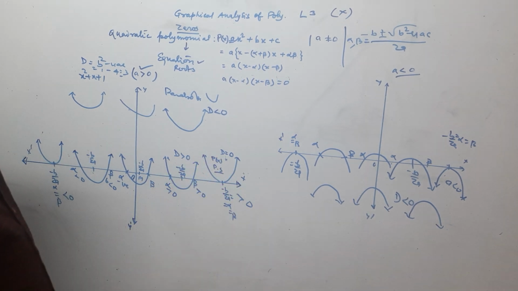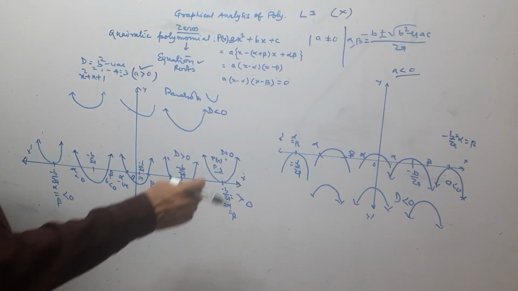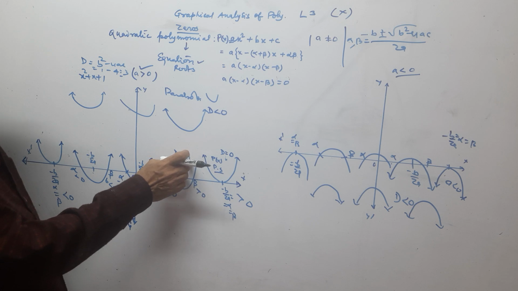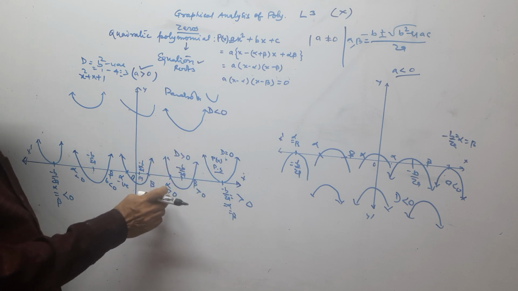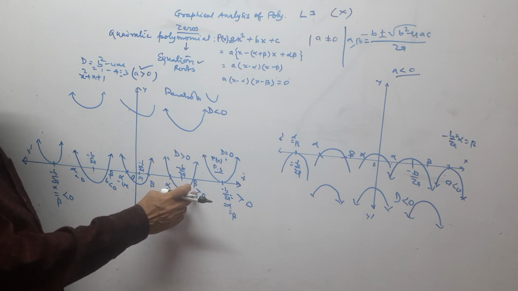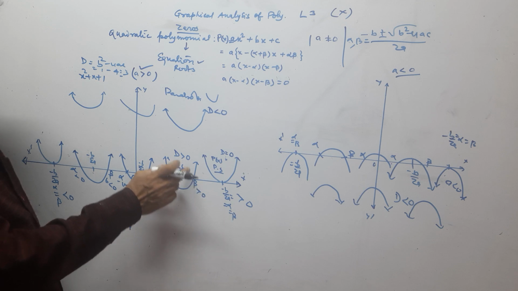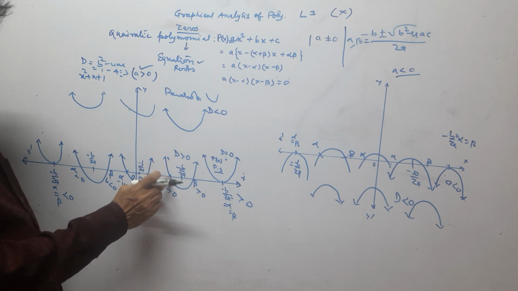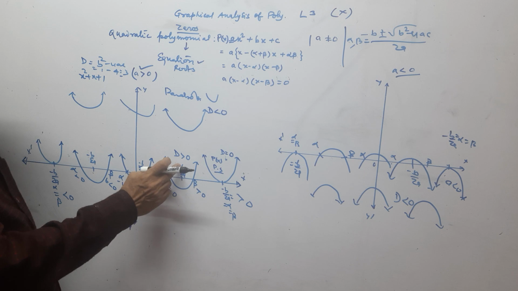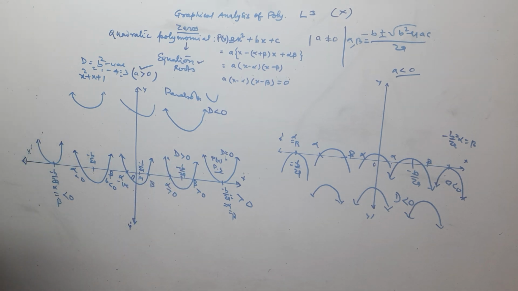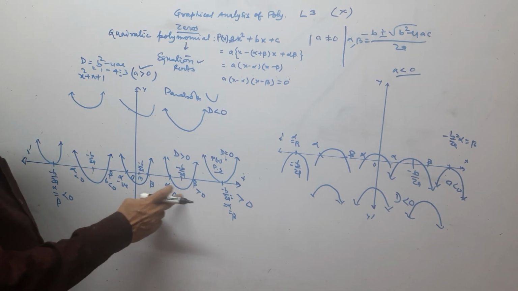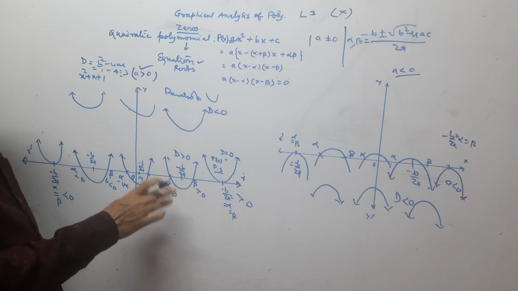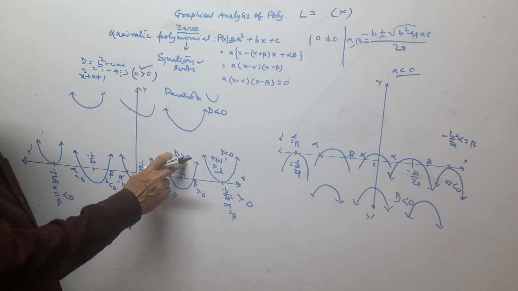So this is over. If D is non-zero, it is positive, and the zeros are both positive, then this is the graph. The middle point between alpha and beta is minus b by 2a. Alpha is positive, beta is positive. When is it possible? If D is positive.